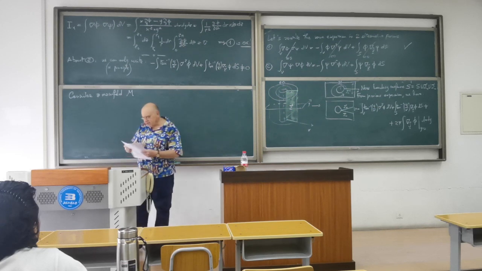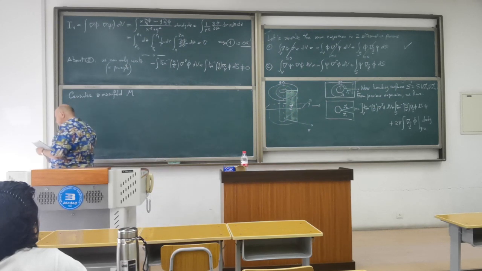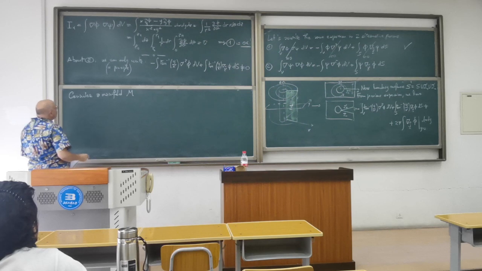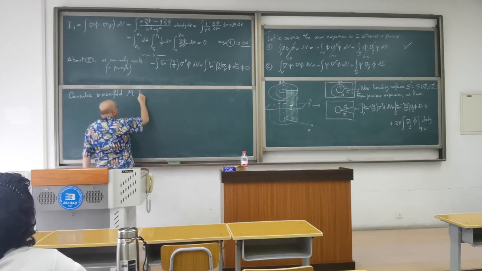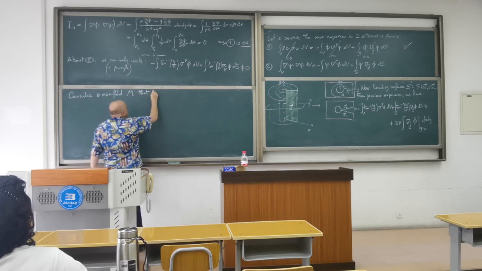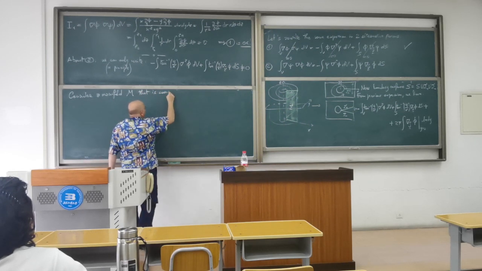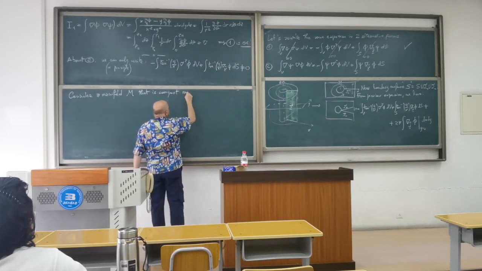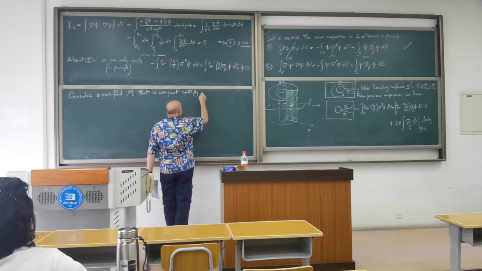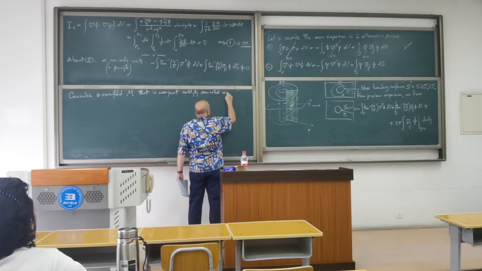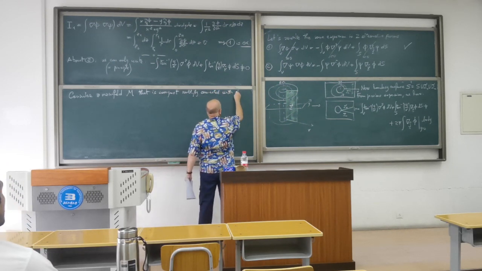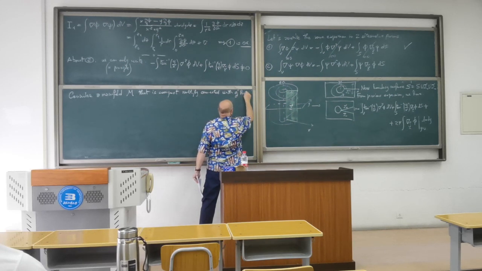I don't want to spend much time on the mathematical definition. And consider a manifold M that is compact and, if you like, multiply connected, with a number of holes, with G holes.